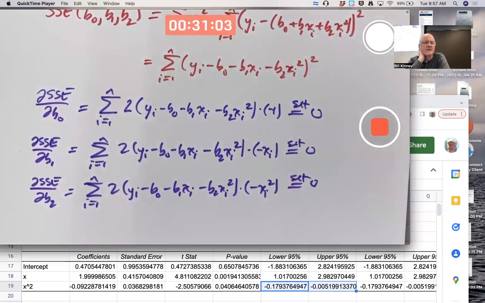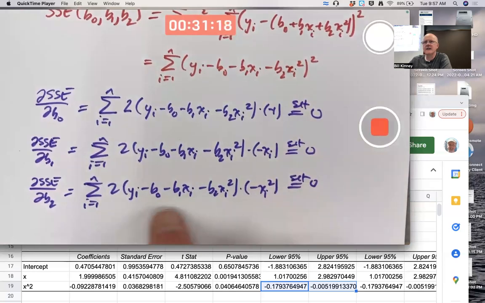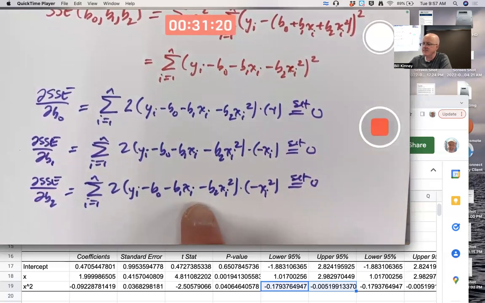The 2's all cancel. They can go away. The negative signs can be brought through the parentheses, as well as, in this case, the xi's and the xi². All the negative signs in there will become positive signs, but then the yi's will have negative signs in front of them.